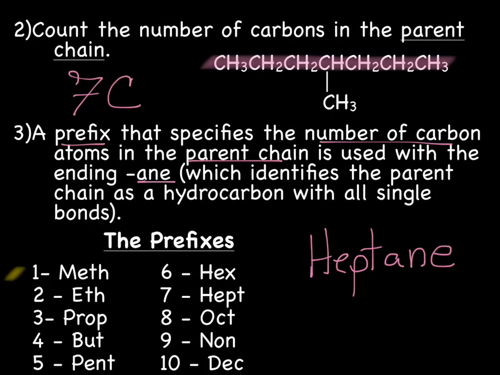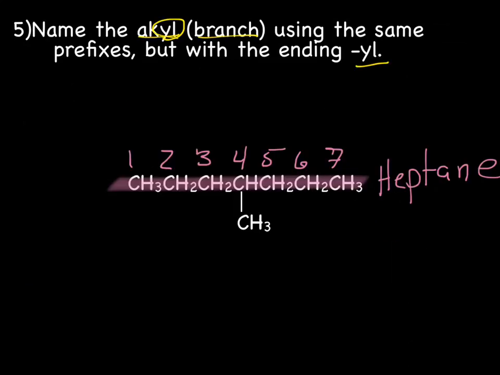It is meth. So we're going to use the prefix meth, and because this is a branch, we're going to use the ending -yl. So this is a methyl. So now we have a parent chain with the name heptane, and it has 1 branch with the name methyl.